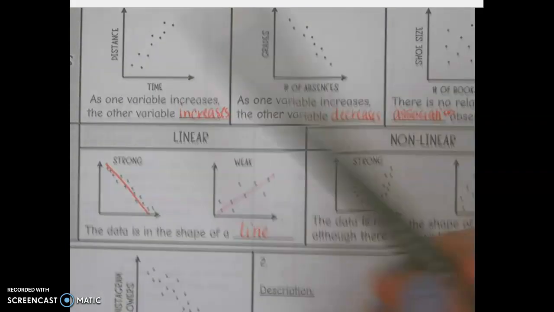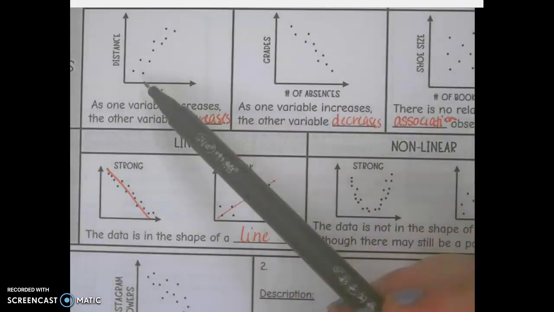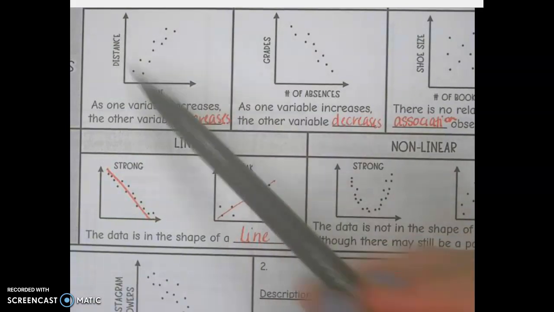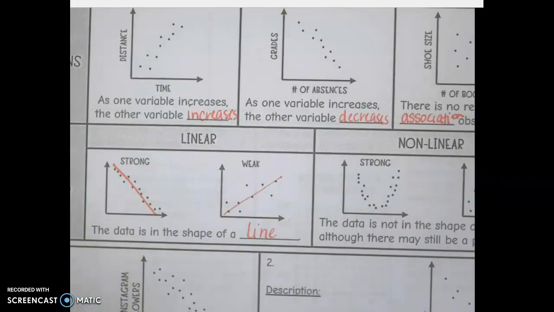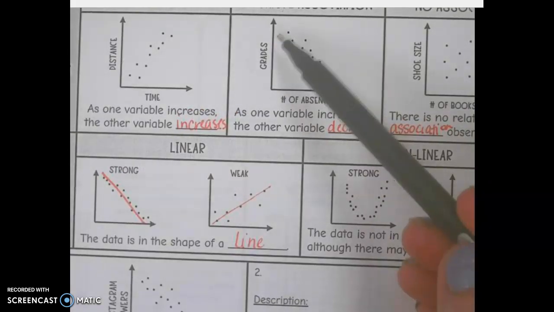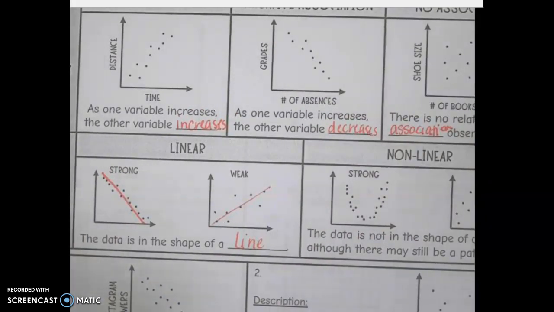So when we go back to look at this one, the data is pretty close to each other. So the time and distance are very much related to each other. In this situation, grades and number of absences are very much related to each other. But if the data is spread out, then it relates but doesn't strongly relate.